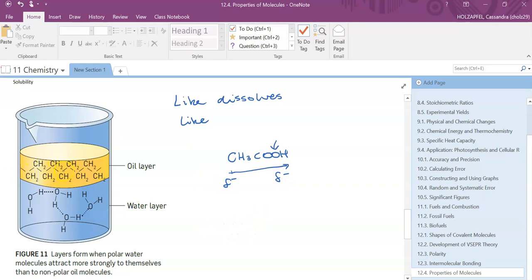If you compare that to something like oil here, or these long fatty chains, or butter or something like that, with carbons and hydrogens, the electronegativity difference of carbons and hydrogens is actually pretty close to each other.